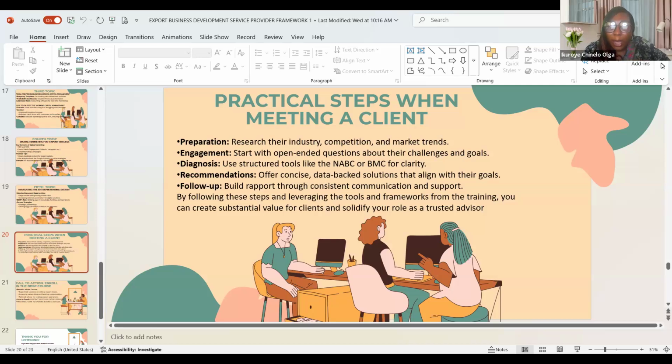So in engaging the customer, you start with open-ended questions about the challenges and goals he's facing. Then you use the tools, like I said earlier on, the NABC or BCM, for clarity's sake. Then you offer concise, data-backed solutions that align with the goals of the company. Then you need to follow up.